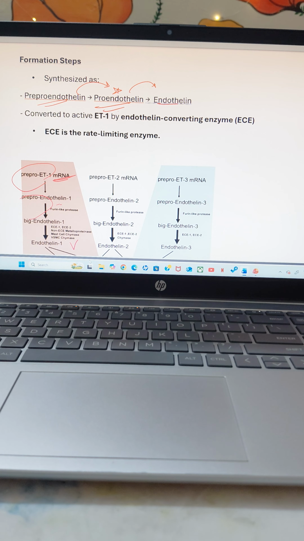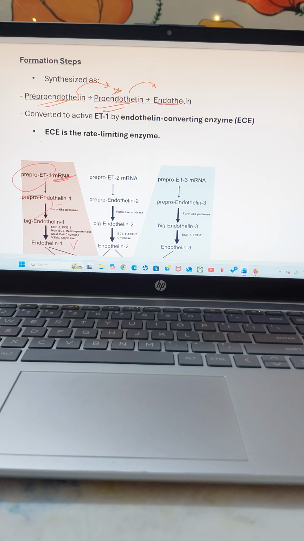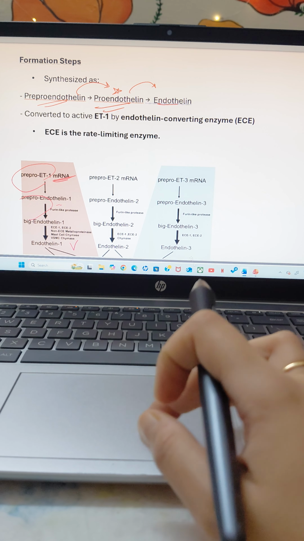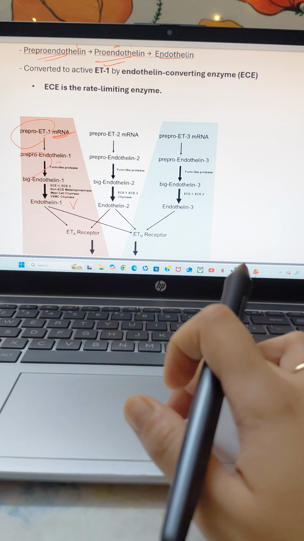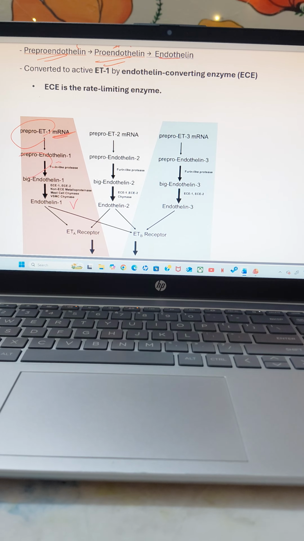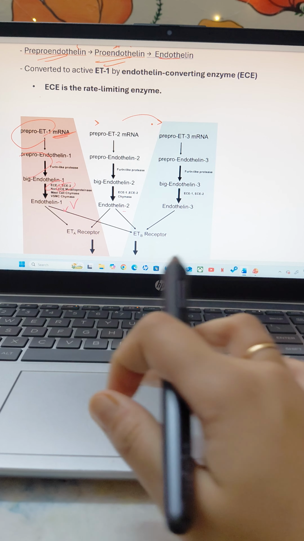The intermediate is converted to ET1 by the endothelin convertase enzyme. These are the endothelin convertase enzymes ECE1 and 2, which convert the intermediate into endothelin 1, and this acts on the receptor and performs its action. The same goes for 2 and 3.